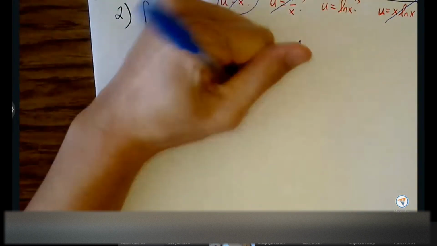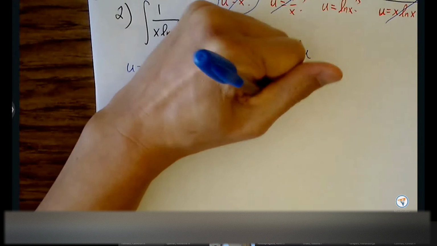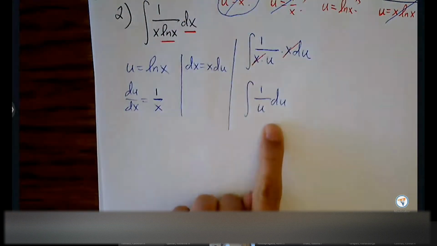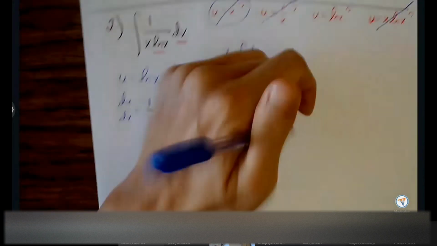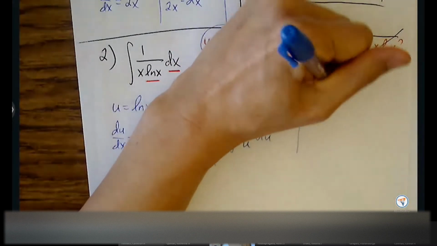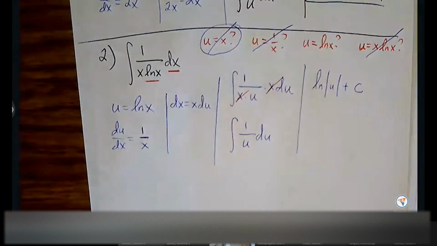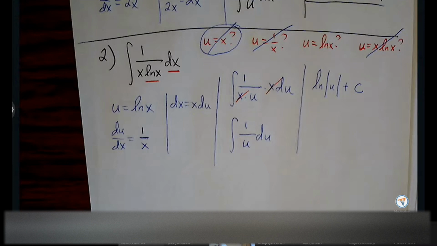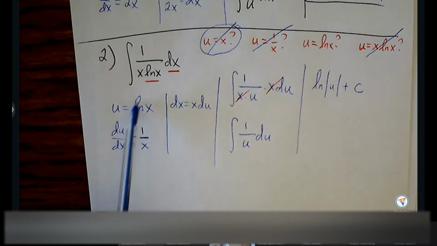X just goes away. We're left with everything in terms of u. We have a rule that matches this perfectly. So there's our natural log rule. Finally, remember u is only a temporary variable. Replace the u back in terms of x.